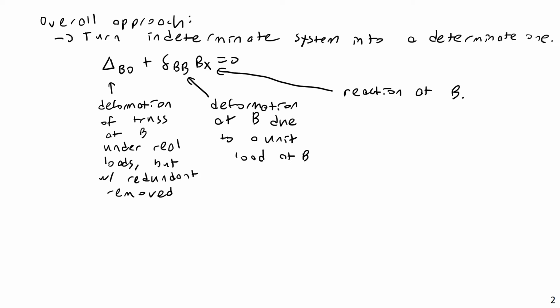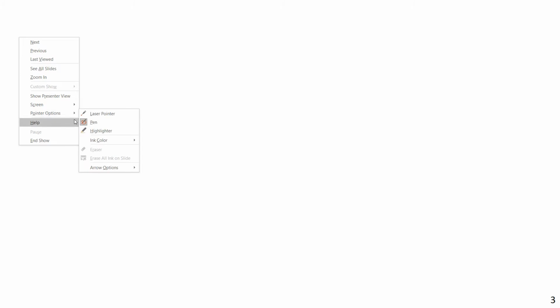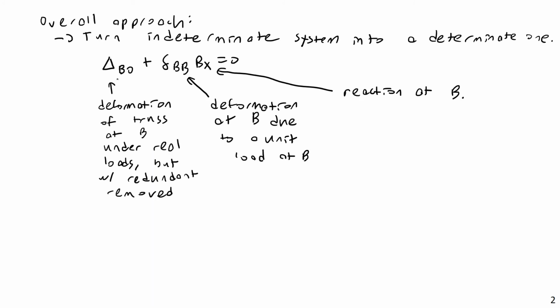All right, so now in step 2, we are going to look at analyzing this. Step 2 is all going to be about finding this delta B naught. However, when finding that delta B naught, I'm going to use a full virtual work calculation within just that step.